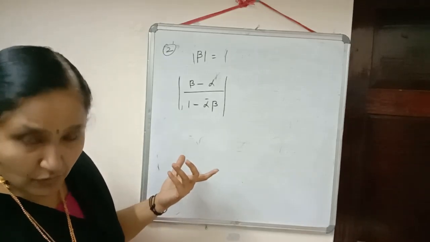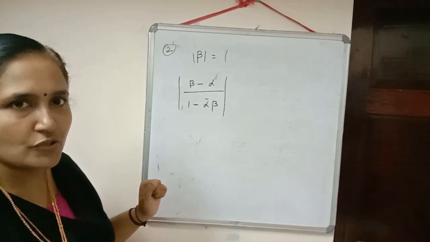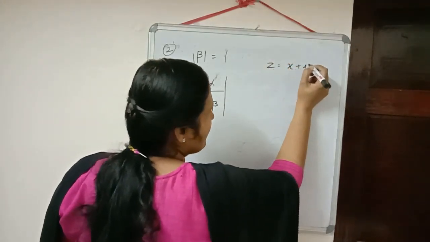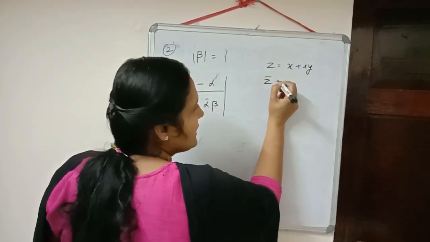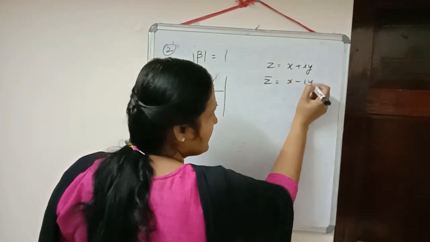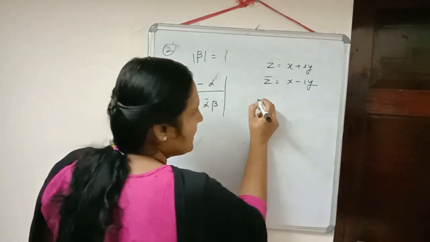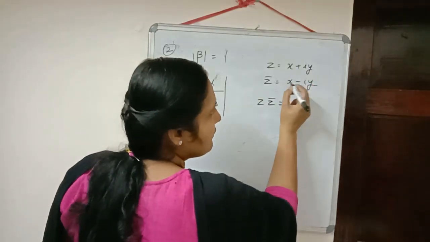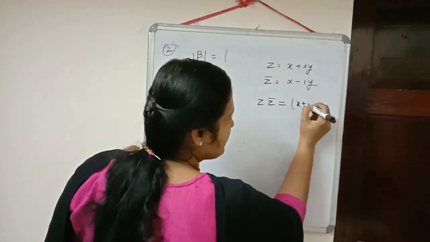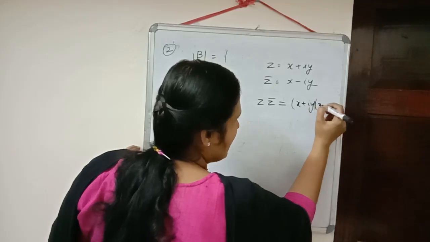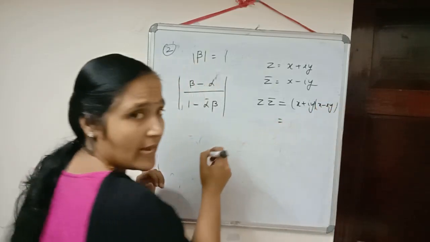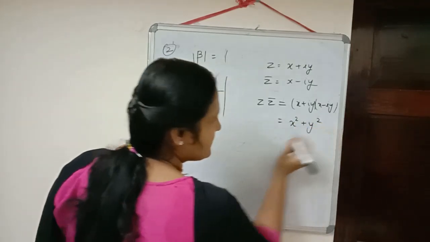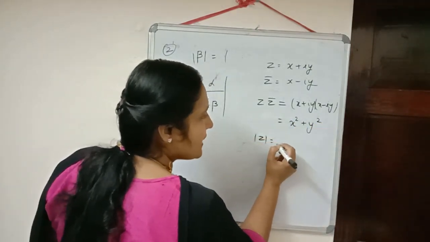So to do this one, we'll use the concept of conjugate. Like if z is equal to x plus iy, how we are writing z bar? z bar is equal to x minus iy, the conjugate. If I multiply these two, z into z bar, what will come? x plus iy into x minus iy. So that will come is equal to x square plus y square. And what is the value of mod z?